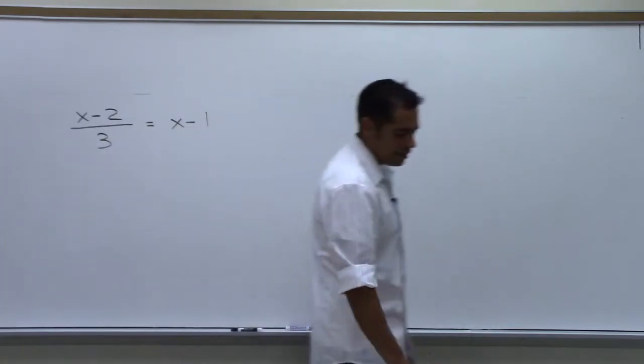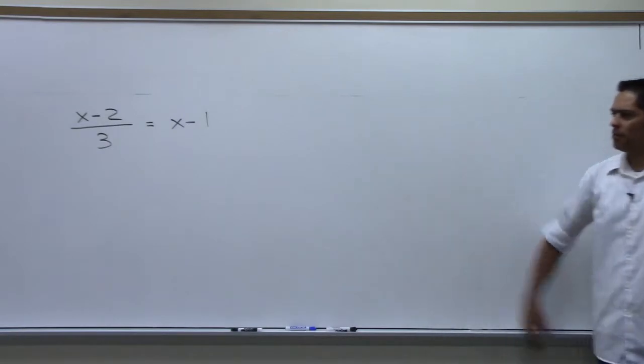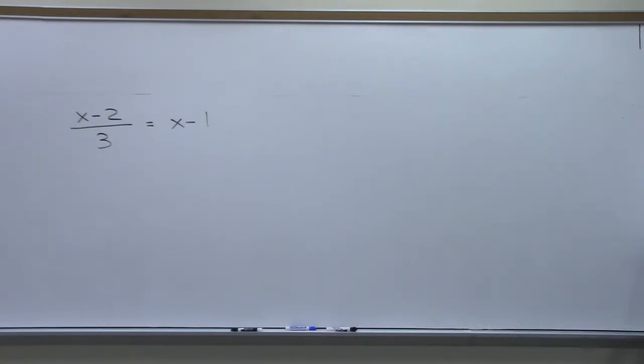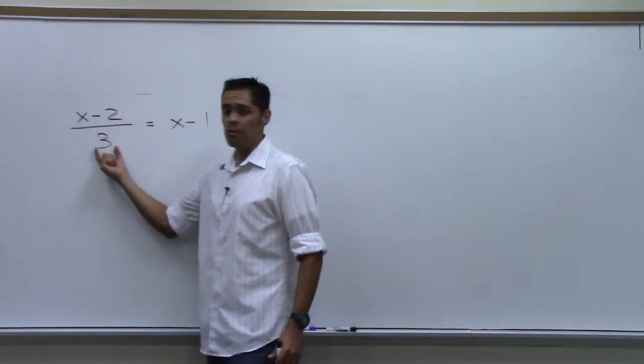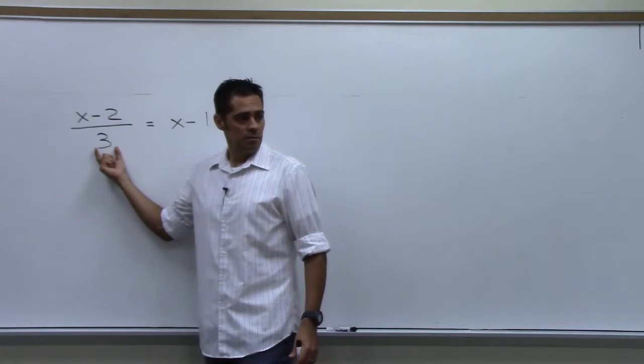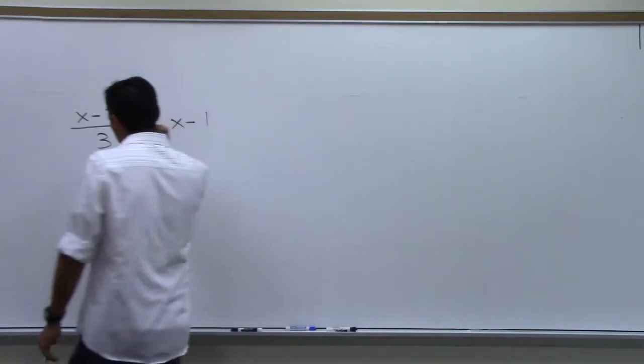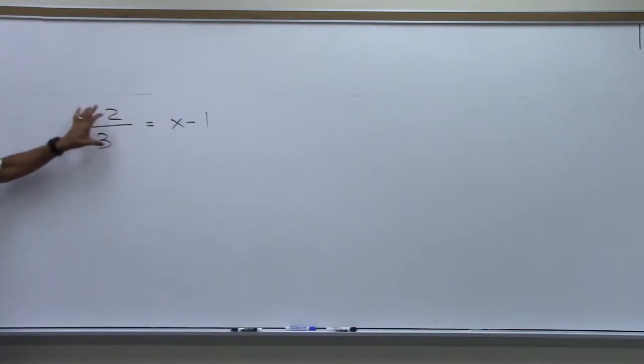But now we want to try and get the x. How is this problem different than what we've seen before? Yeah, this whole thing is being divided by 3, isn't it? Right? The whole thing? So how can I kind of clean up the fraction here? Multiply both sides by 3.